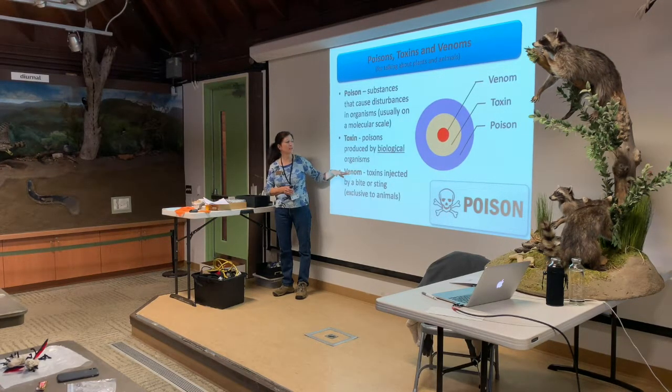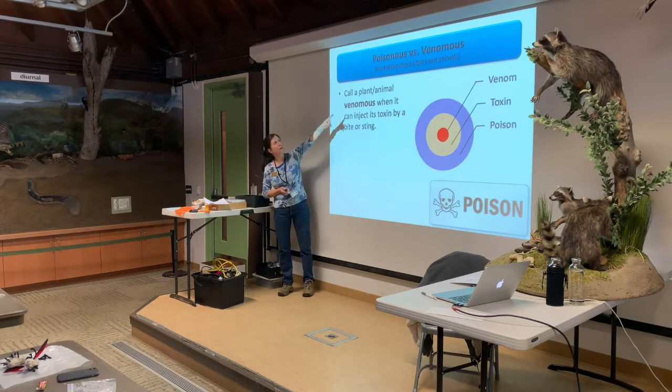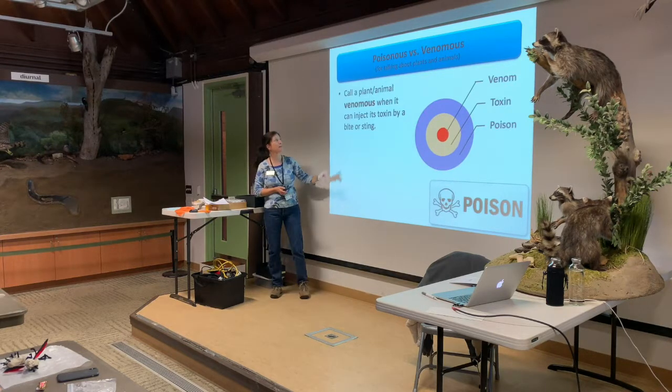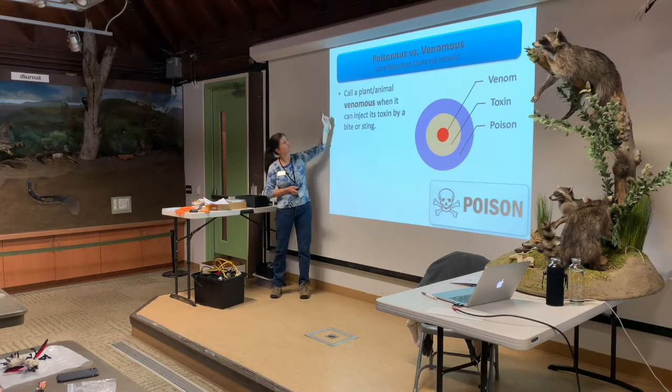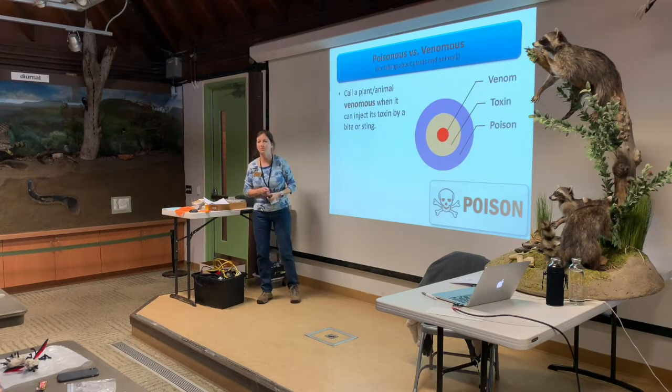So then it would kind of look like we would talk about plants and animals as either being toxic or venomous. Right? Because toxin would be from a bite. No, of course not. Poisonous versus venomous, because we like to be complicated. Call a plant, oops, there it is. I just put this one in yesterday and I made a typo.